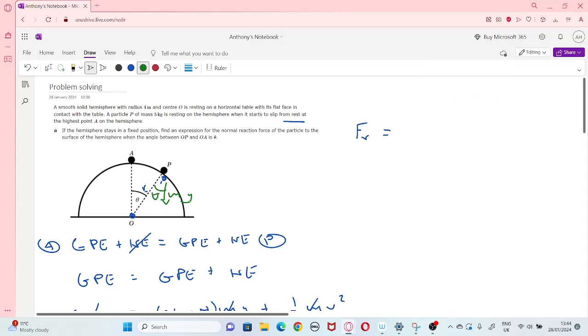We want to find the component of weight going towards the center. So again, we have mg cos theta going towards the center, and I'll be subtracting the reaction force. As I said before, the reaction force acts at right angles to the surface. So our reaction force will go in this direction, the opposite direction to the weight. We can subtract the reaction force.